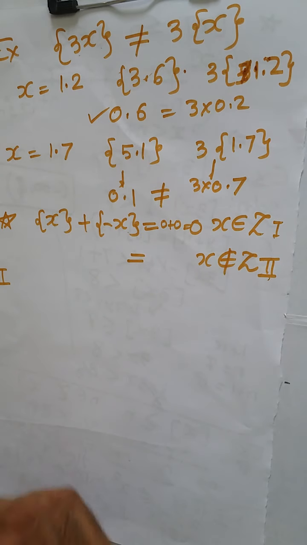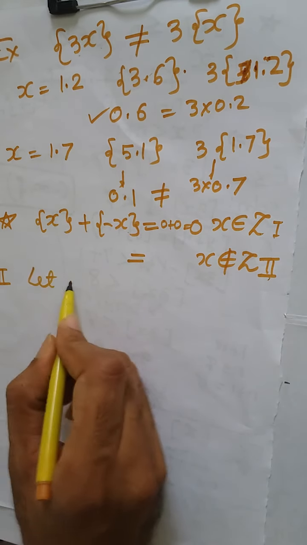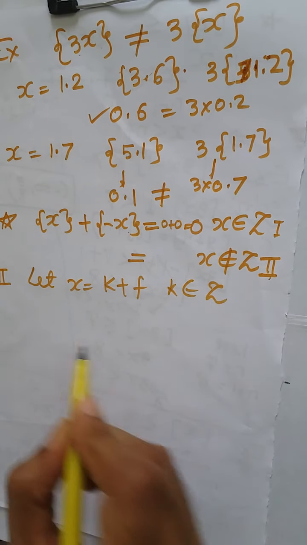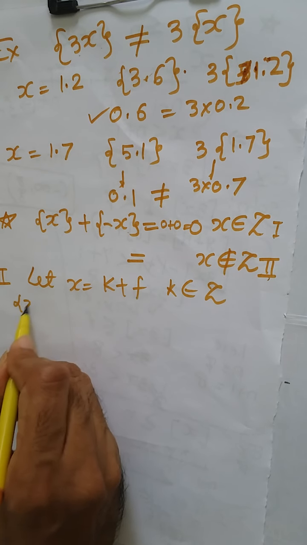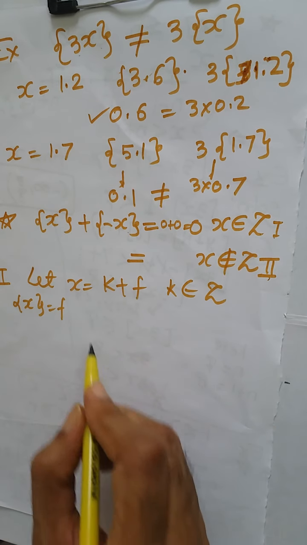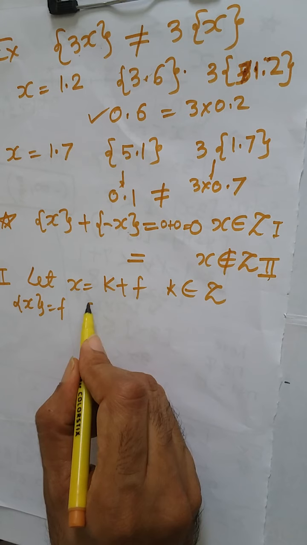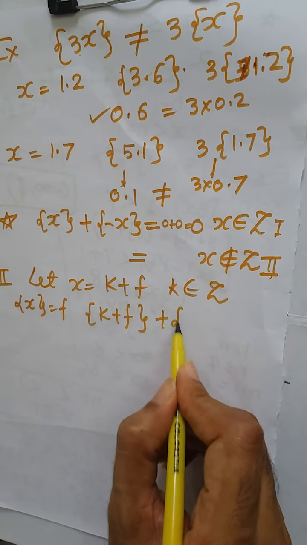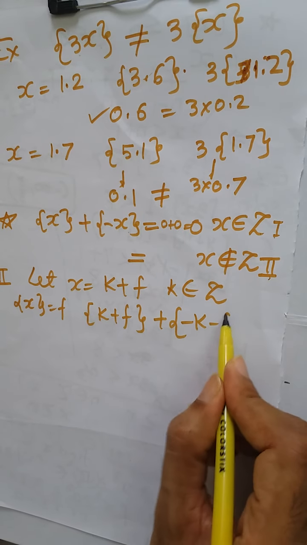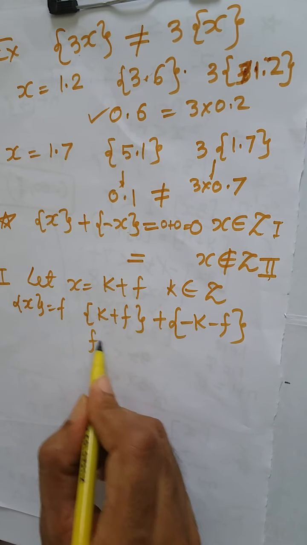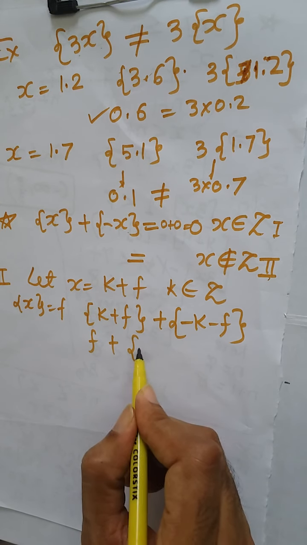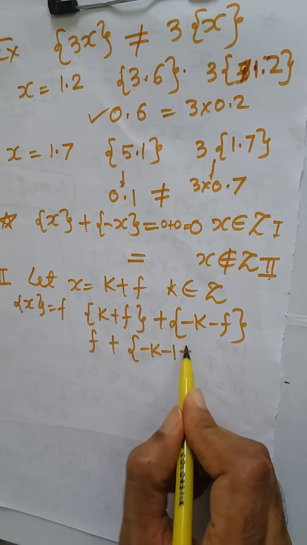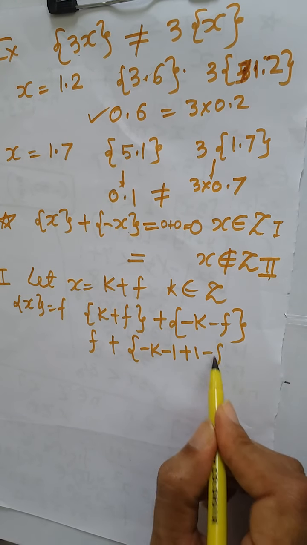In the second case, let's assume that x is equal to k plus f, where k is an integer and f is a fraction, therefore fractional x is equal to f. Okay, so if you substitute in the LHS, fractional x is f, and fractional of minus x is fractional of minus k minus f, which we can write as minus k minus 1, adding 1 and subtracting 1, giving 1 minus f.